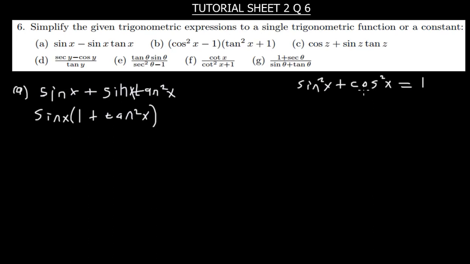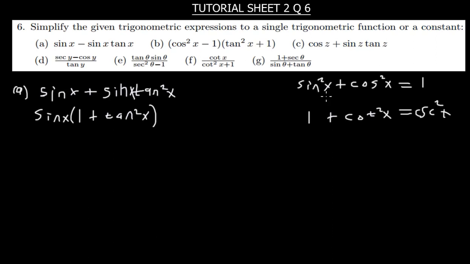So you need to know this one, and then also you need to know that when you divide this equation by sine squared, you get 1, cos divided by sine gives cot squared x, which is equal to cosec squared x.